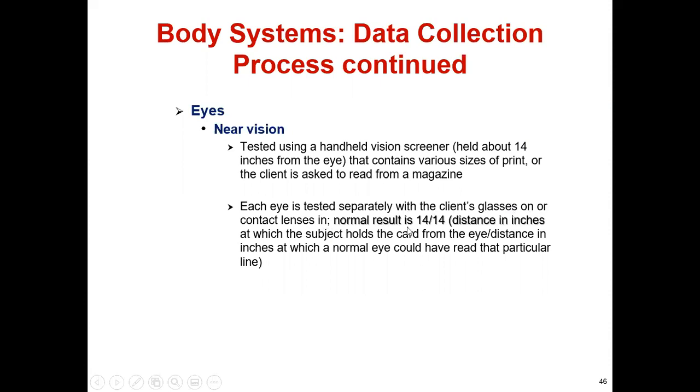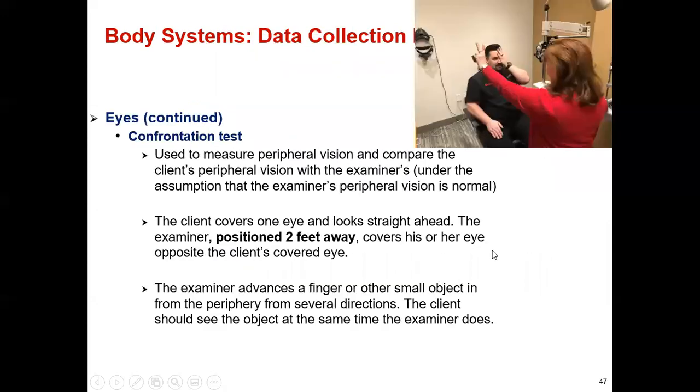The normal result would be 14/14, meaning the distance in inches at which the subject holds the card from the eye, over the distance in inches at which the normal eye could have read that particular line. It is the normal vision.